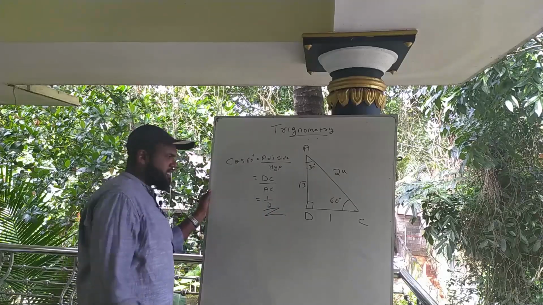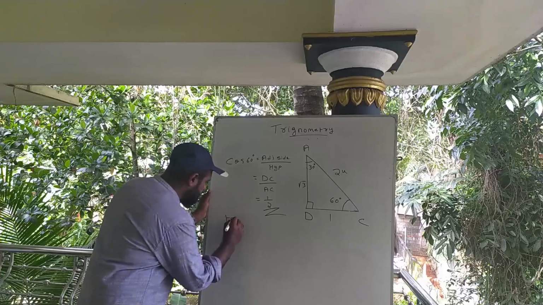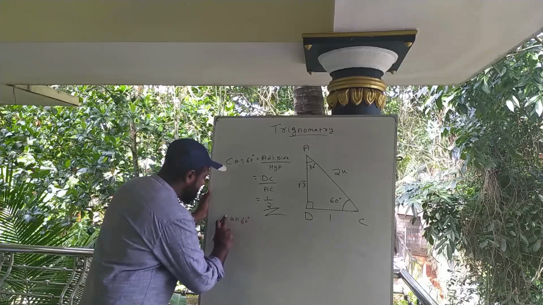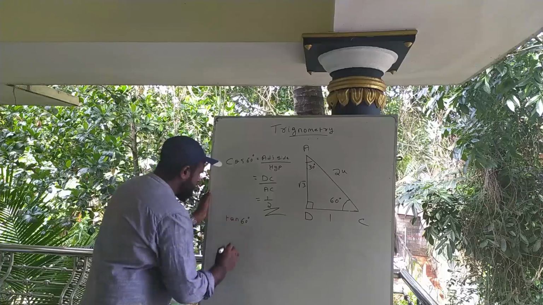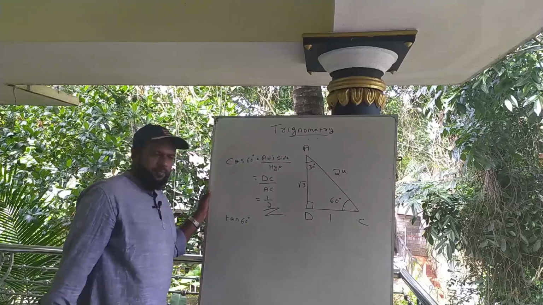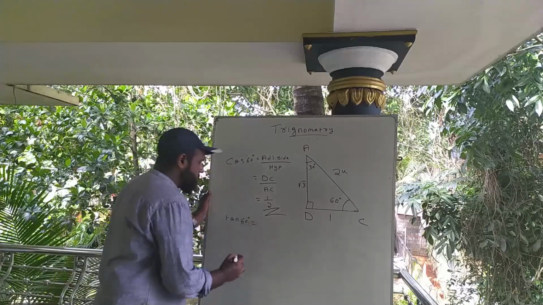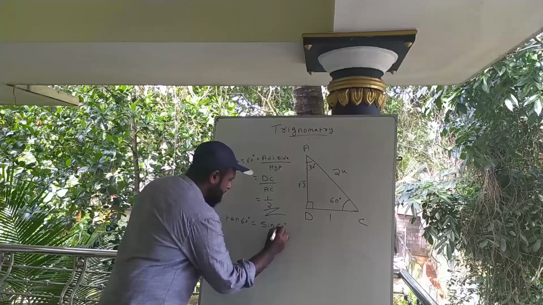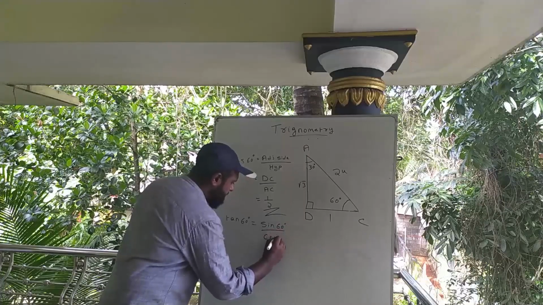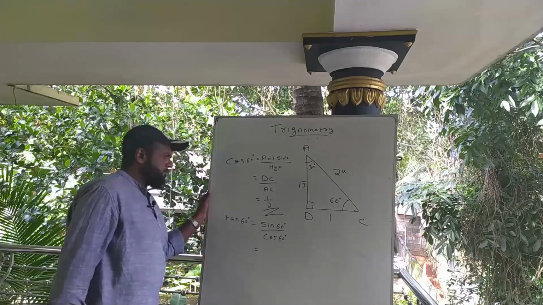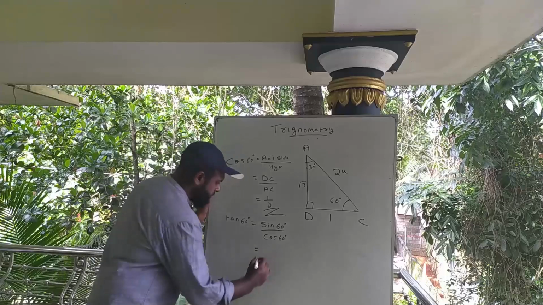We can find what is tan 60. Tan 60 equal to sin 60 by cos 60 equal to, what is sin 60?